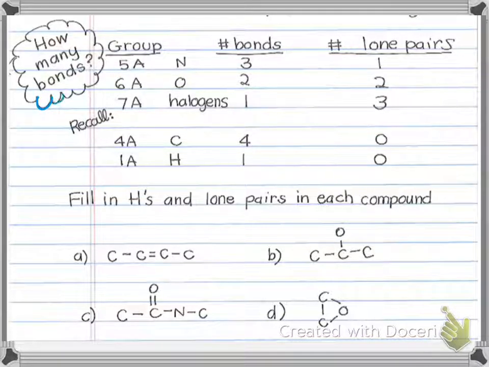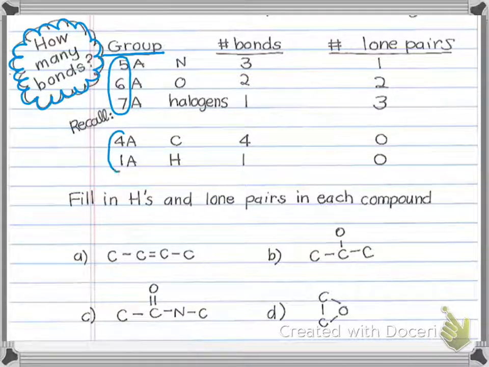So how many bonds do we predict from each one of the elements in organic molecules? Well, if you recall, the group number will tell us the number of valence electrons. And we know that each element, except for hydrogen, likes to have 8 electrons around it.